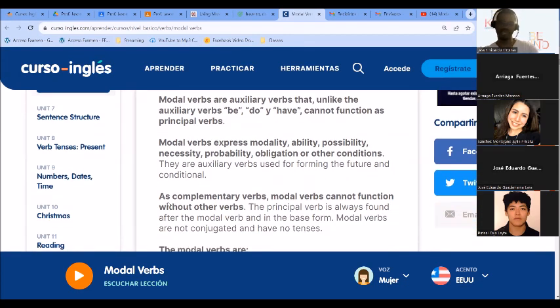As complementary verbs, modal verbs cannot function without other verbs. The principal verb is always found after the modal verb and in the base form. Modal verbs are not conjugated and have no tenses. Good.